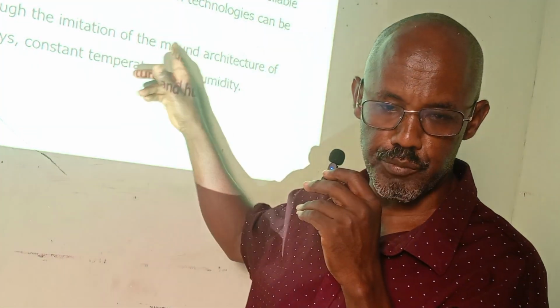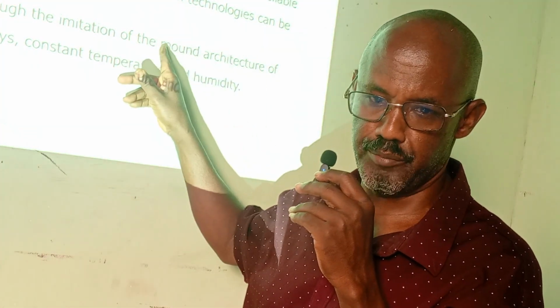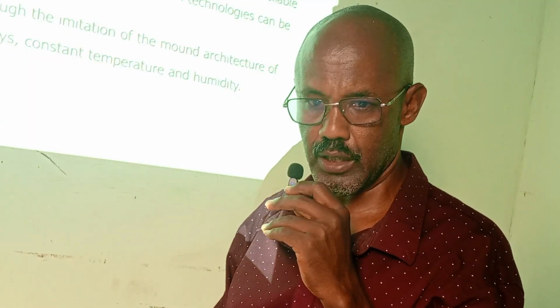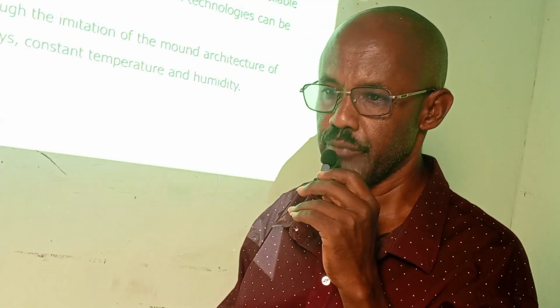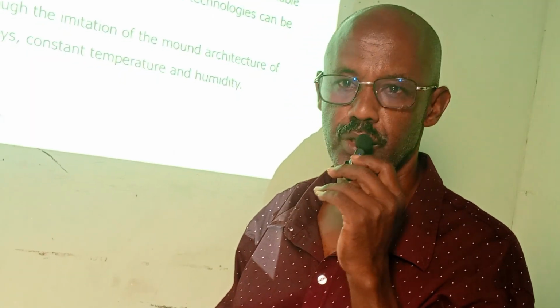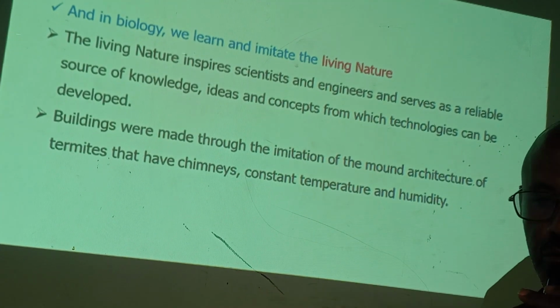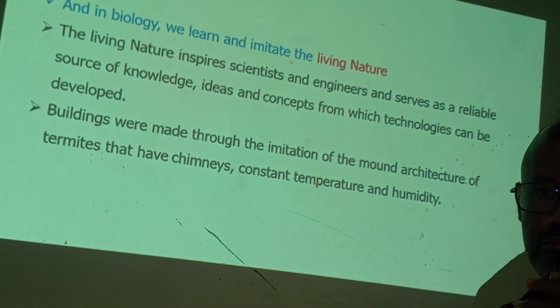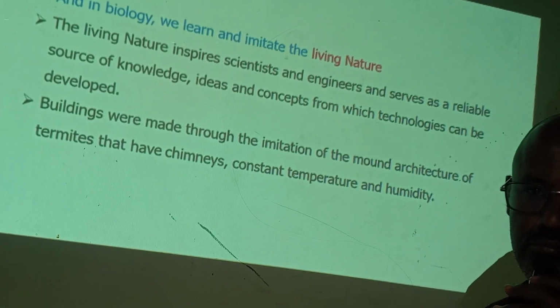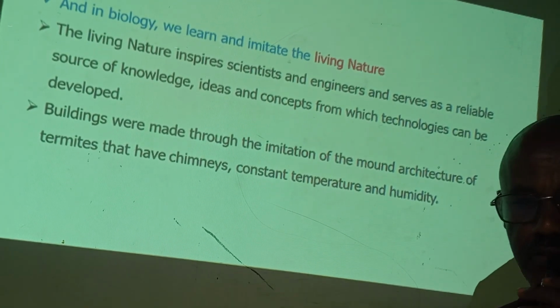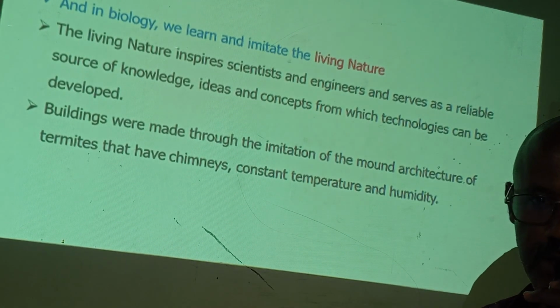Buildings were made through the imitation of mound architecture. I will show you this mound architecture, one wonderful imitation work from the termite mound, the mud-constructed termite house, which can maintain a constant internal temperature despite fluctuation in external temperature.